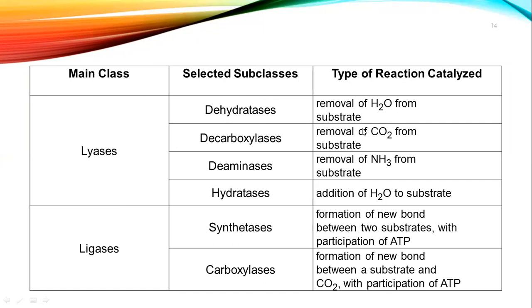Decarboxylase: we want to remove CO2 from the substrate, from the carboxyl group. If you want to remove the amino group as ammonia, you have the deaminase. If you want the addition of water to the substrate, then you have the hydratase.